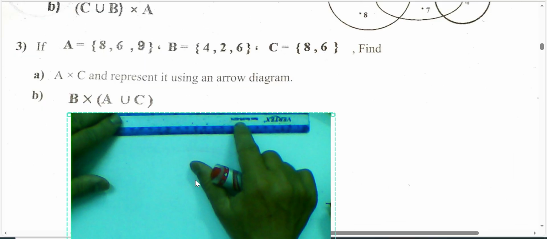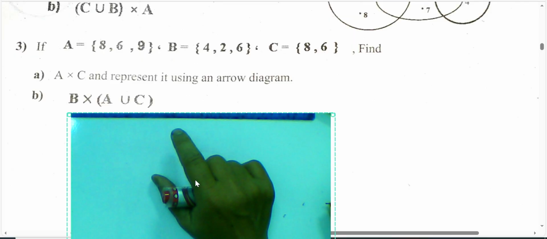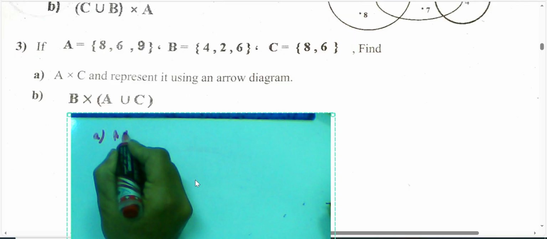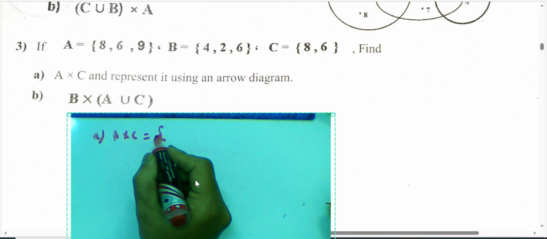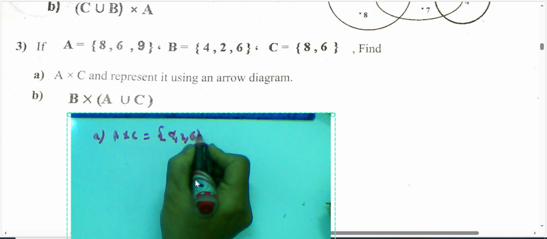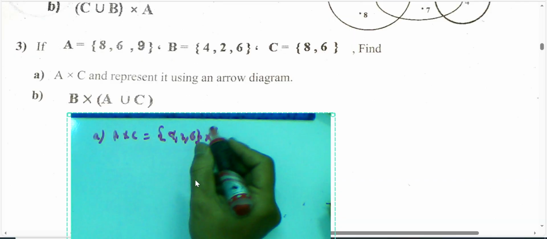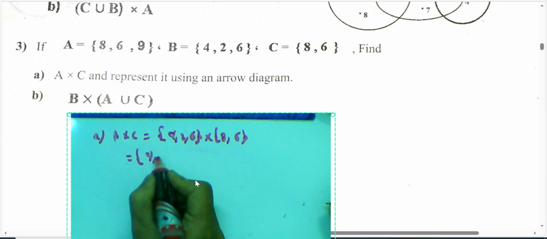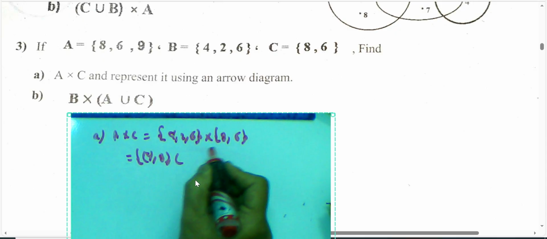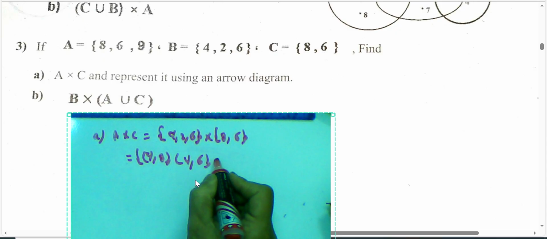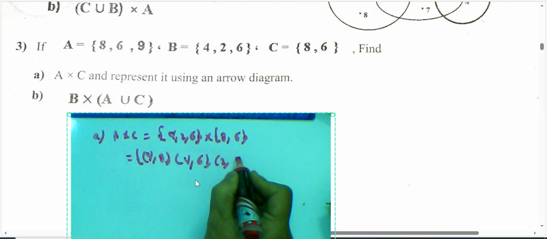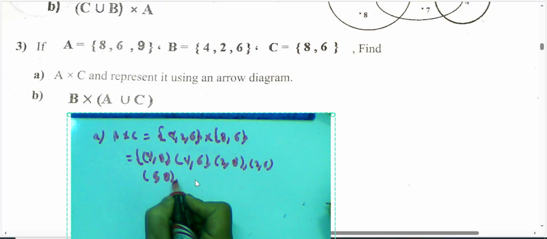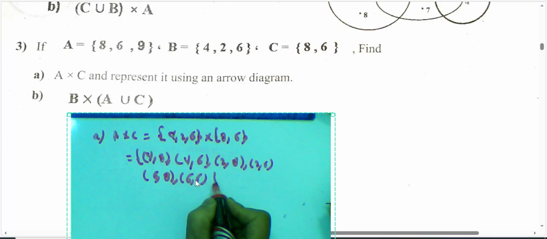We have A and C. You want to find A Cartesian product with C and represent it in an arrow diagram. Okay, letter A Cartesian product with C. Write the set A: 4, 2 and 6. Cartesian product with C, which was 8 and 6. Write 4 and 8, and then 4 with 6, and then 2 with 8, 2 with 6, 6 with 8, 6 with 6.